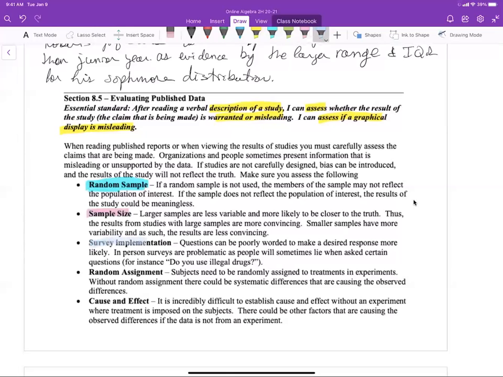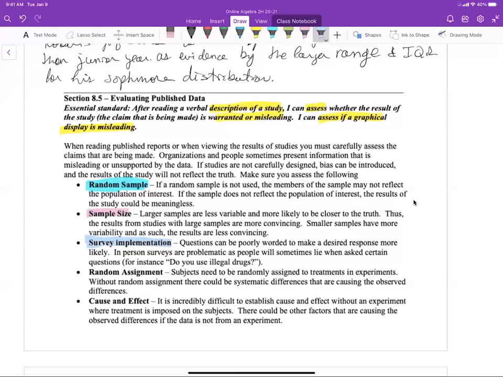Survey implementation, all right? How we conduct a survey can impact the results. Two different ways. Questions can be poorly worded. This is very common in political surveys to make a desired response more likely. In addition, in-person surveys are problematic as people will sometimes be misleading or lie when asked certain questions.